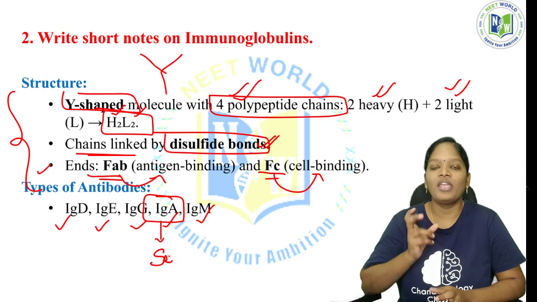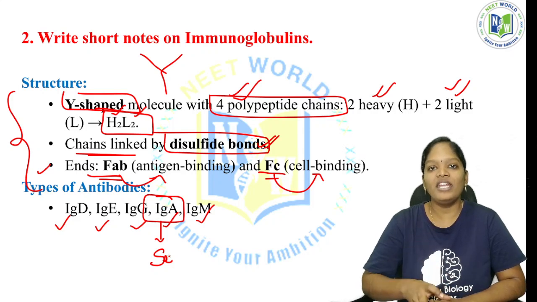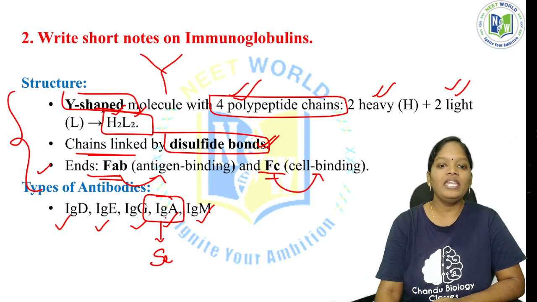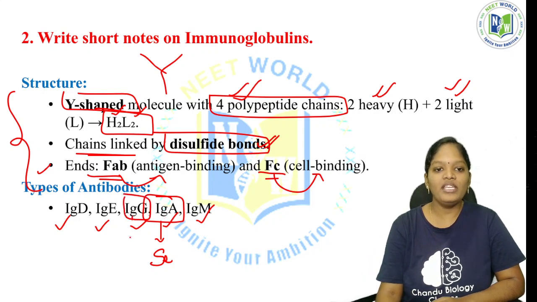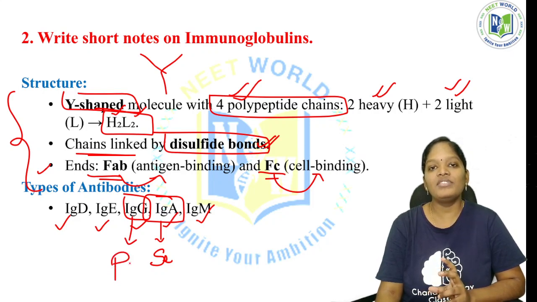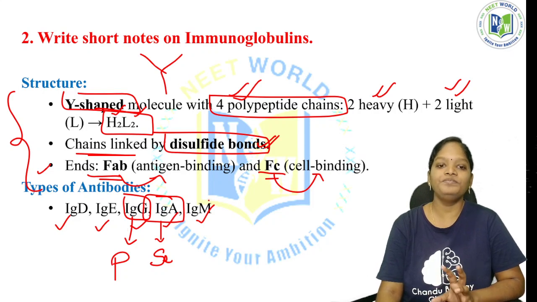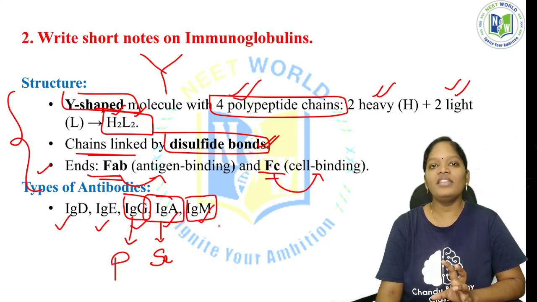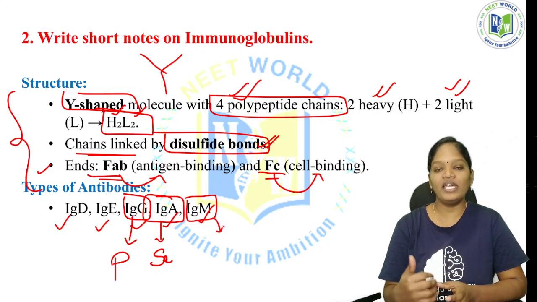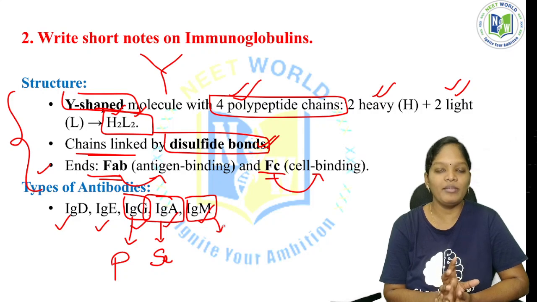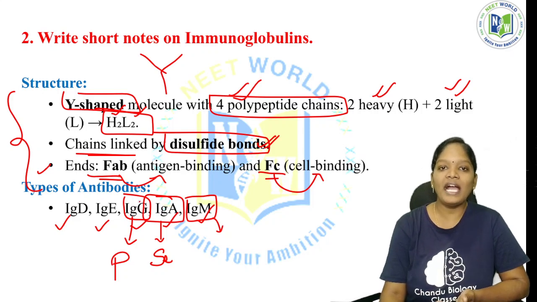IgG is the only antibody that has the capacity to cross the placenta, the layer connecting the baby to the mother. IgM is the first antibody to come to the spot whenever an antigen is encountered by our immune system, followed by IgG.